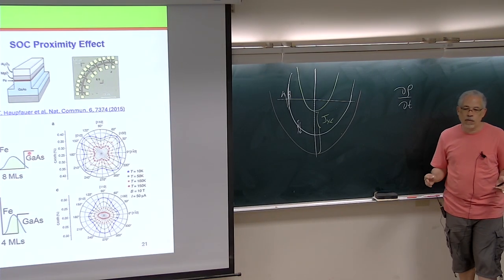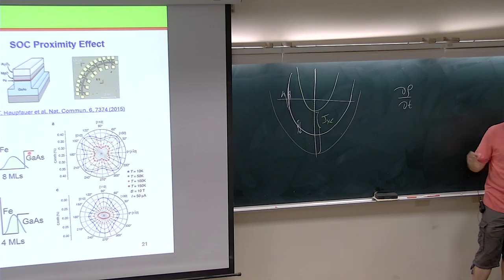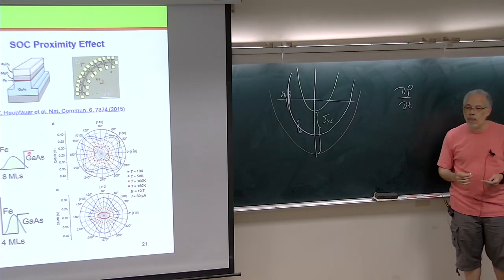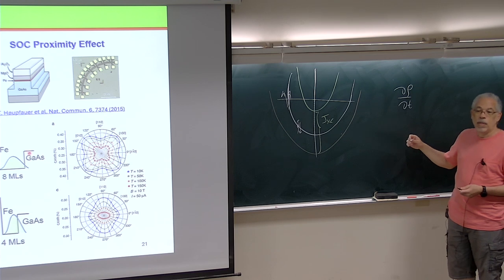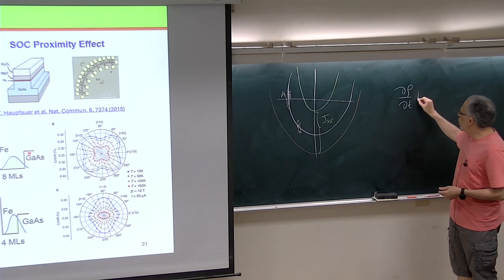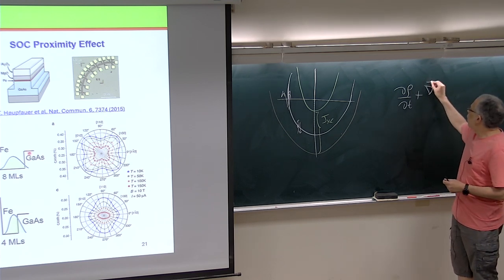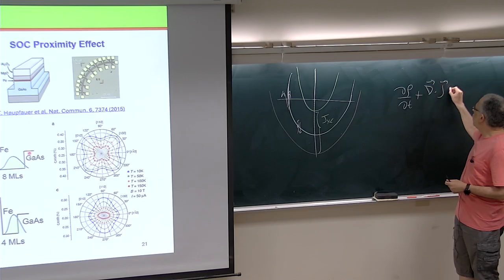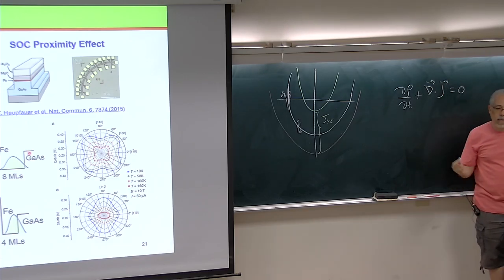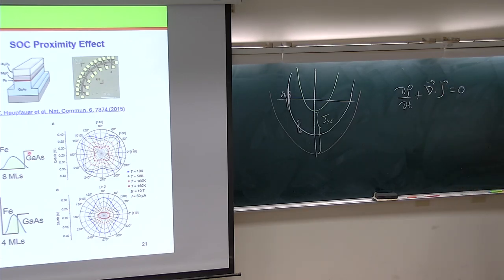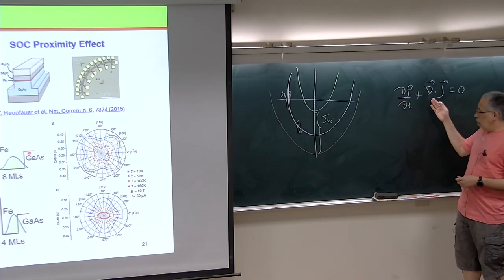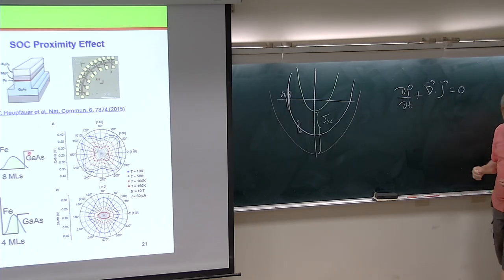It's conservation of charge. How is it related to the current density? All right, that is the continuity equation for the charge. And this is just a manifestation of the conservation of the charge.